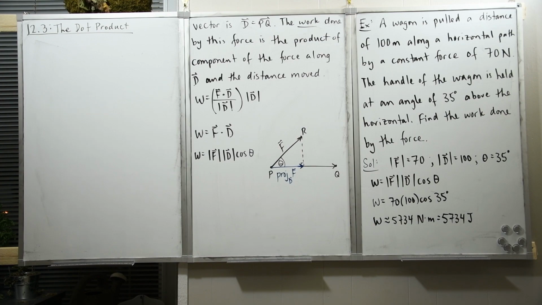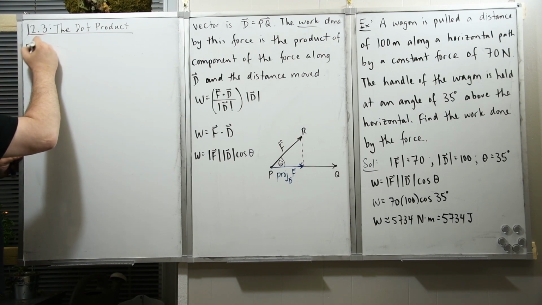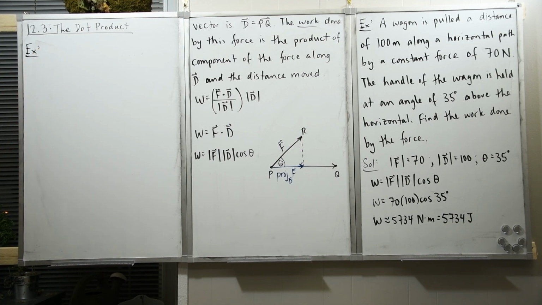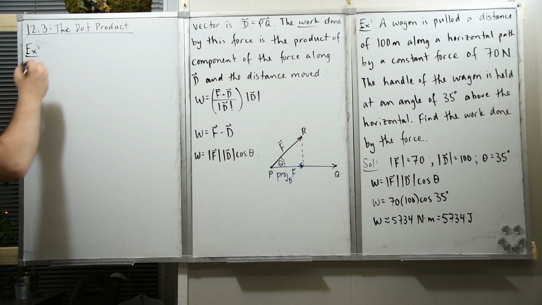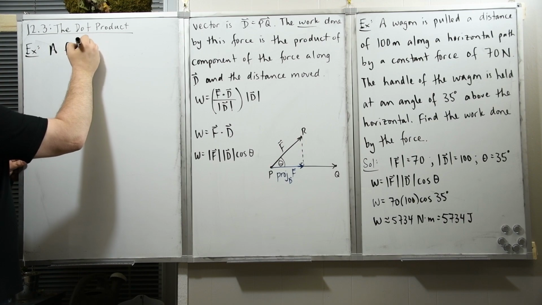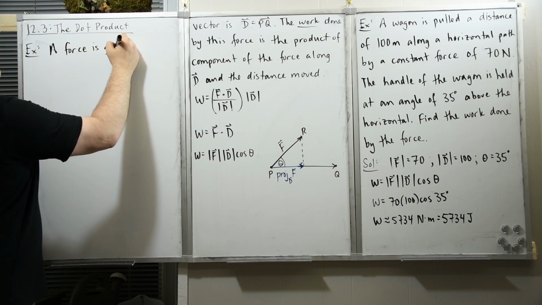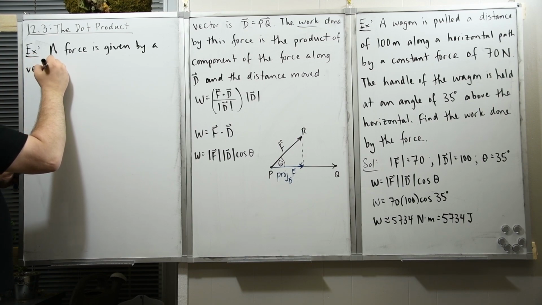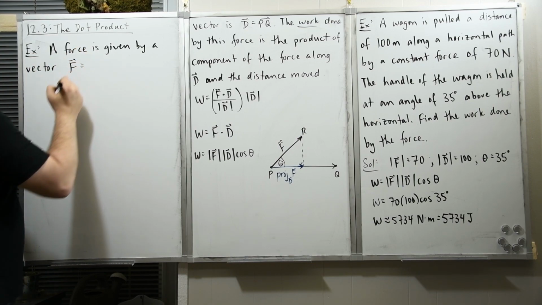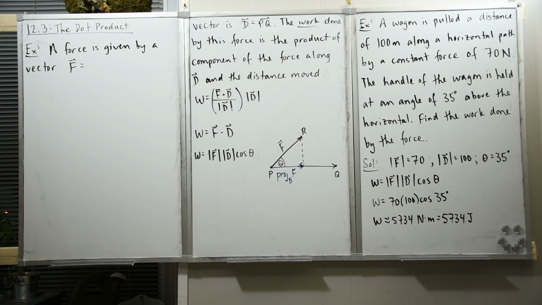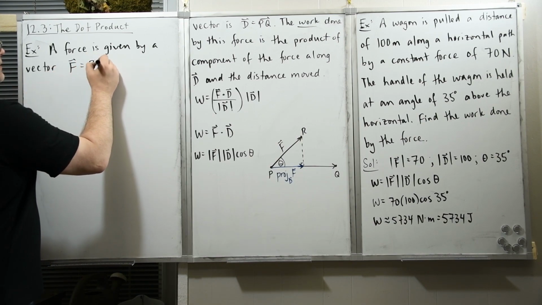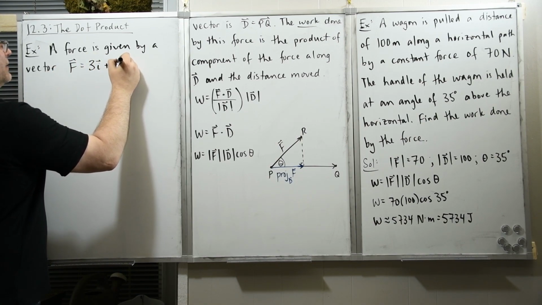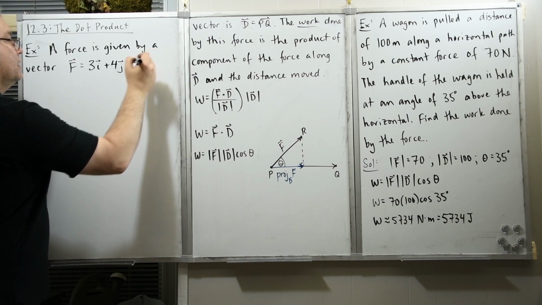All right. So let's take a look at one last example. In this example, we have a force given by a vector, F equals 3i plus 4j plus 5k.